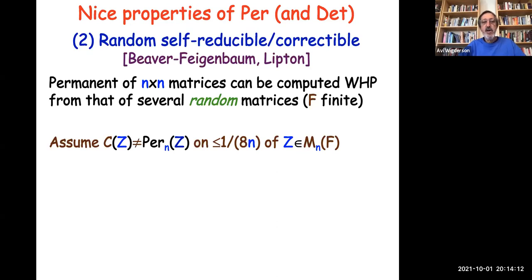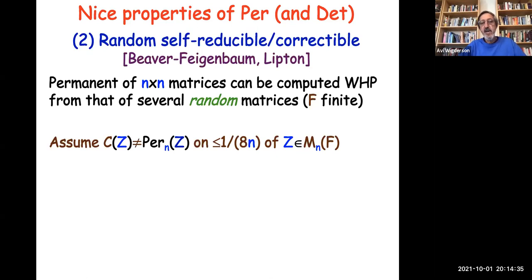The way to think about it is as follows. Suppose you have a circuit C that computes the permanent almost always. What do I mean by almost always? It's correct except on a fraction, let's say 1/8n, of all matrices in the n by n matrices over this field.